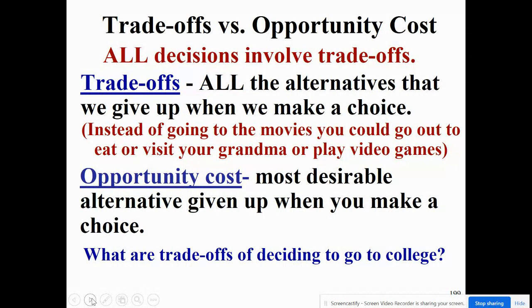So, what are your trade offs of going to college? Well, if I was making $15 an hour, and if you think about the math, let's say you could make $15 an hour times 40 hours a week, which is $600 a week. That's gross. And then let's say the school year is 36 weeks, of both first and second semester.